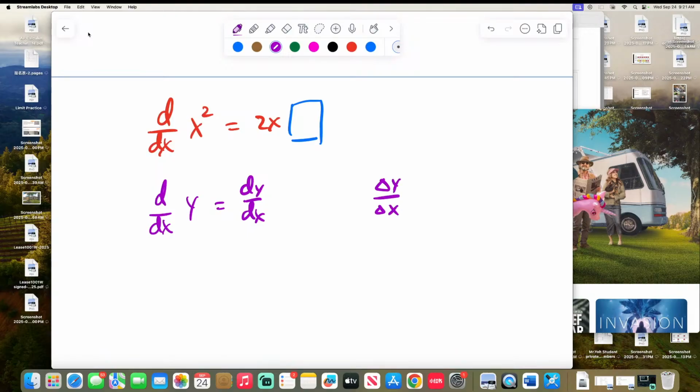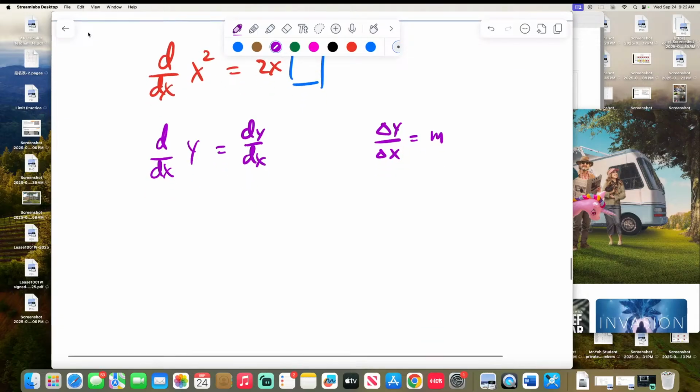D is delta, and that's delta y over delta x. That's the slope, right? And slope is the derivative, right? So that's why the notation comes in. dy/dx is the derivative of a function, which is the slope of the function at any given time.